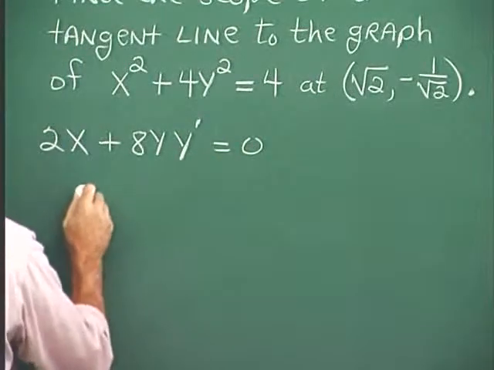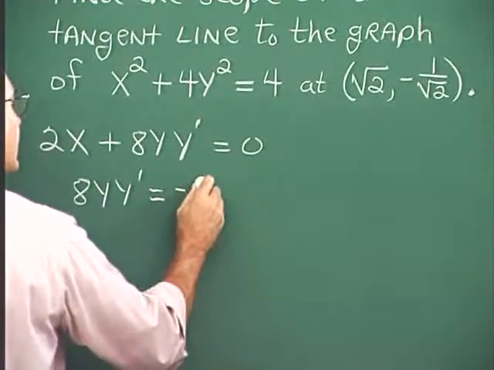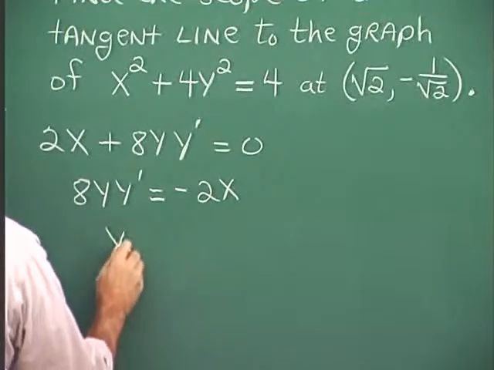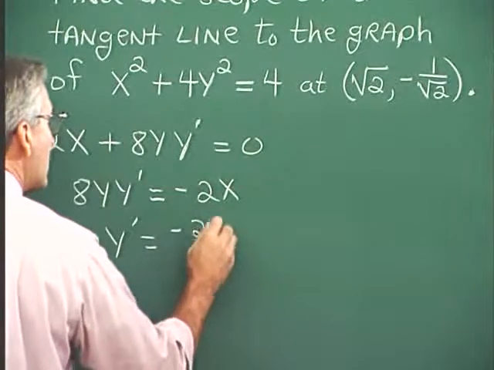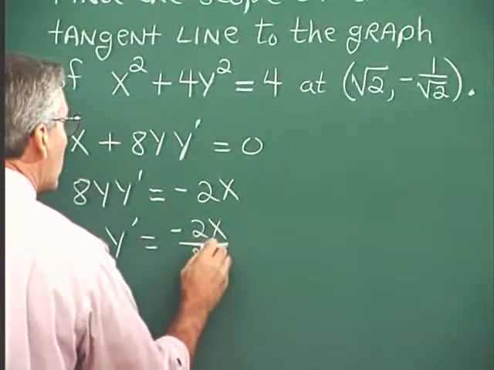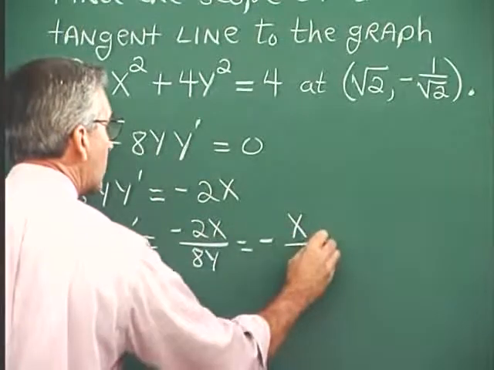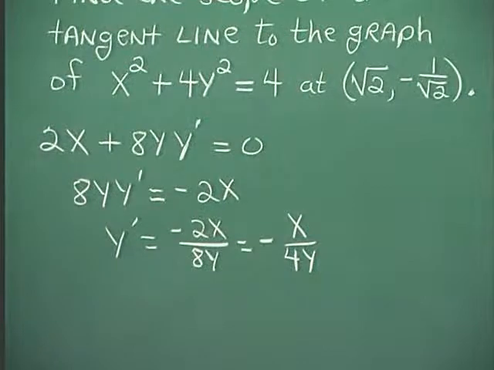So let's see, we have 8y y prime equals negative 2x. And dividing on both sides by 8y, we find y prime to be negative 2x over 8y, or negative x over 4y. All right, very good.